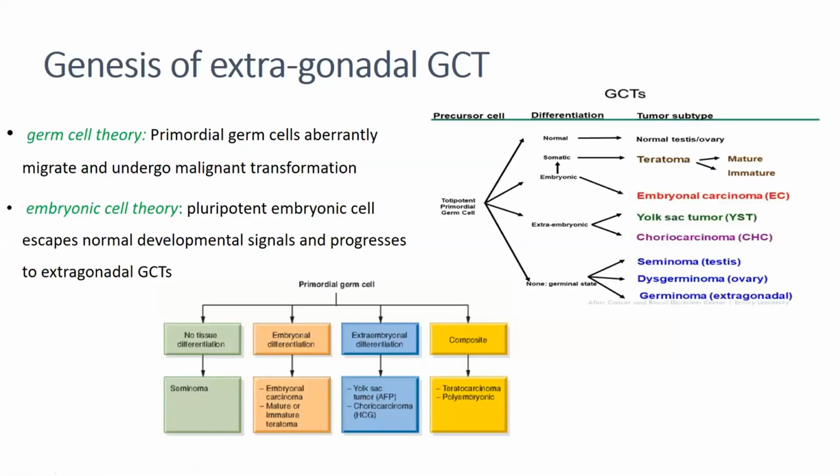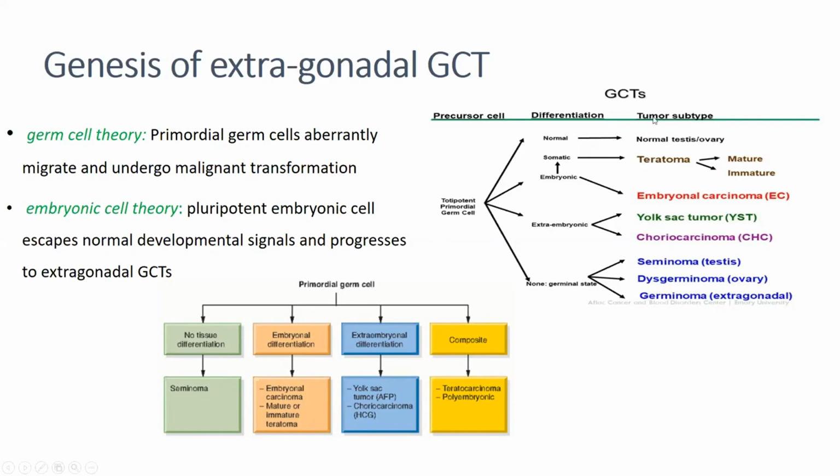So this is how extragonadal germ cell tumors develop. Earlier it was thought that germ cell tumors arise from mature gonadal germ cells, but this is not the case. There are actually two theories for the development of extragonadal germ cell tumors: one is the germ cell theory and the other is the embryonic cell theory.